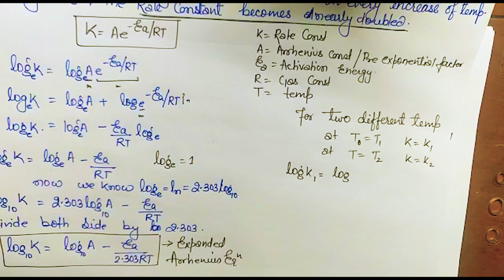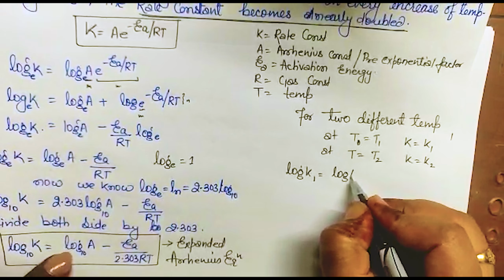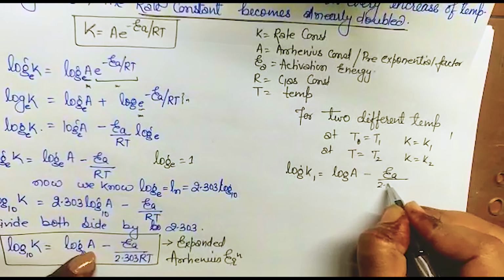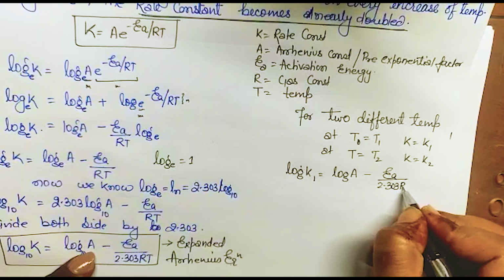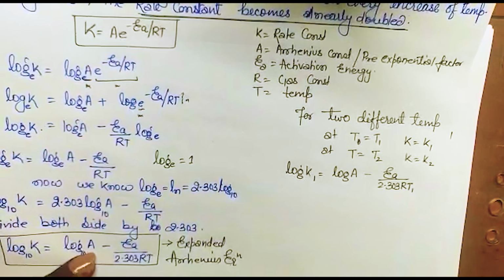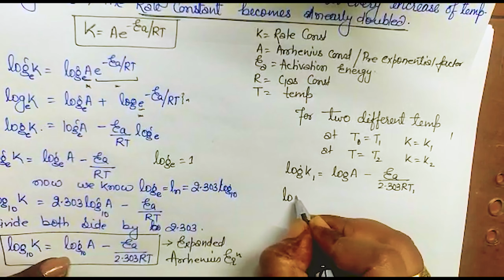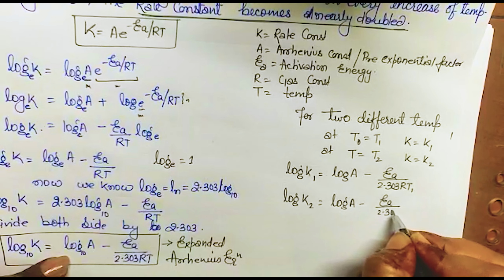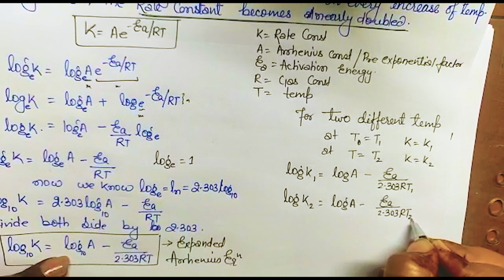Because it is a constant value for a particular reaction. So log A will remain like this, and this will be EA upon 2.303 R T1. Can I write? Similarly, log K2 is equal to log A minus EA upon 2.303 R T2.